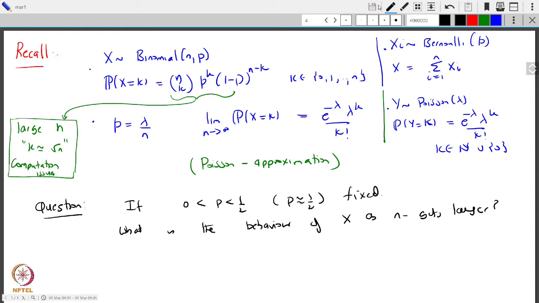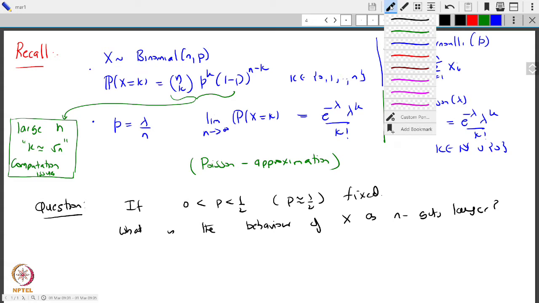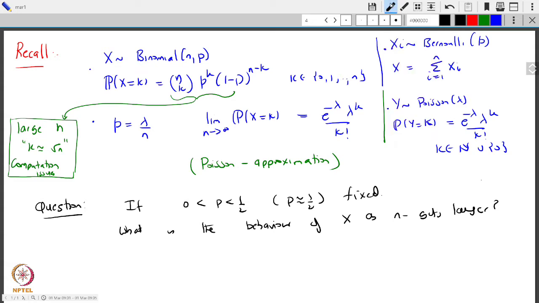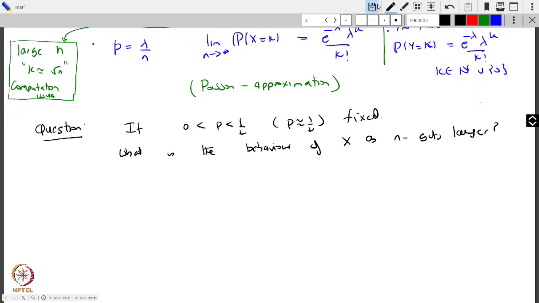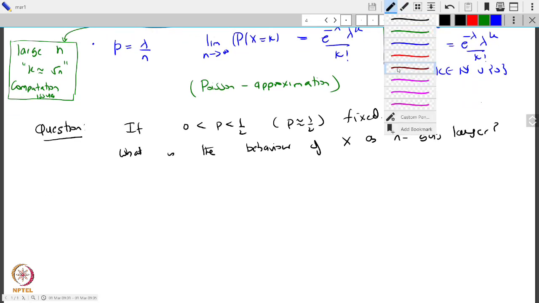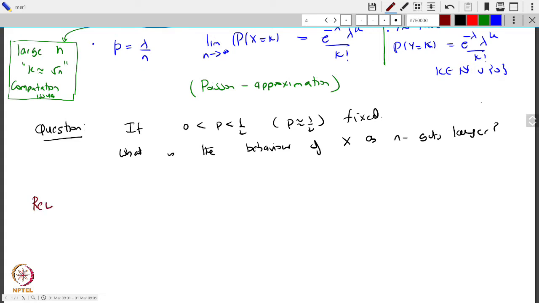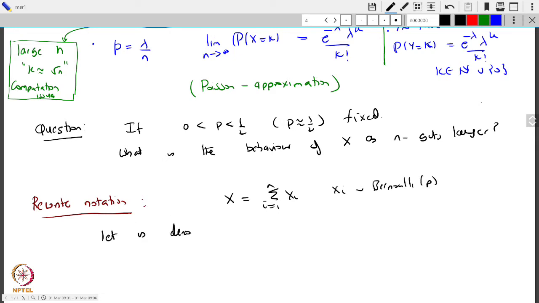So let me proceed to answer this question. Let me just rewrite the notation a little bit. Since X was equal to the summation i equals 1 to n of Xi, where each Xi was Bernoulli(p), let us denote X as S sub n, which is just the summation i equals 1 to n.